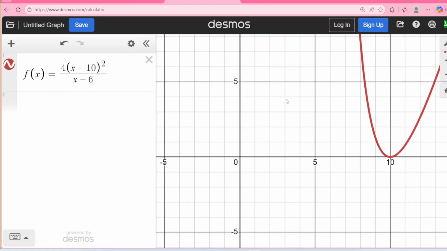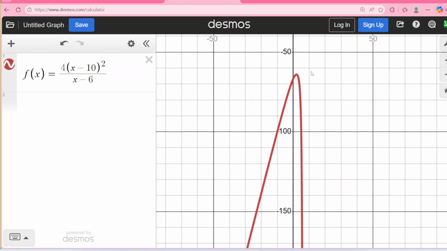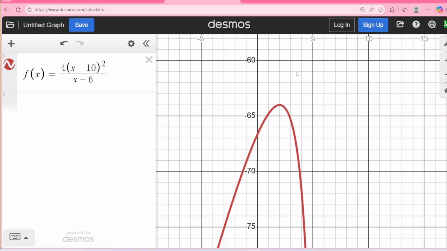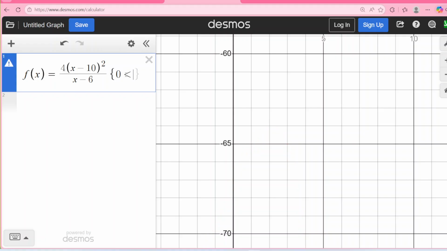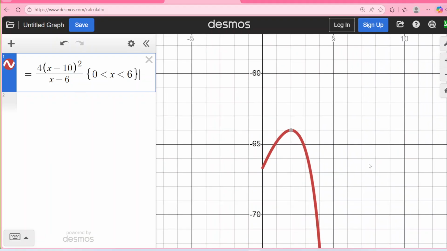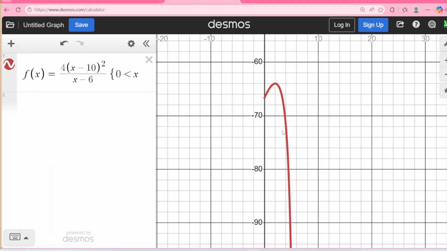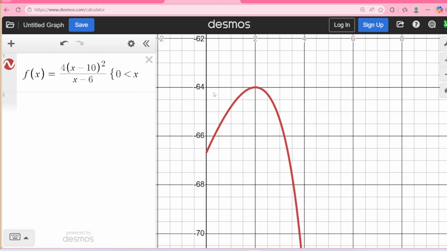But only between 0 and 6. Right, so let me put those braces in: 0 less than x less than 6. So we're just looking at this piece of the curve. Now at 6, there's an asymptote, so it's going down forever, right? x can't be 6.